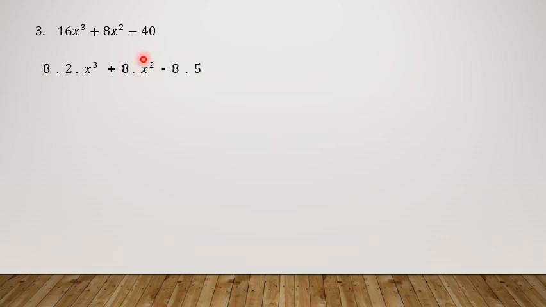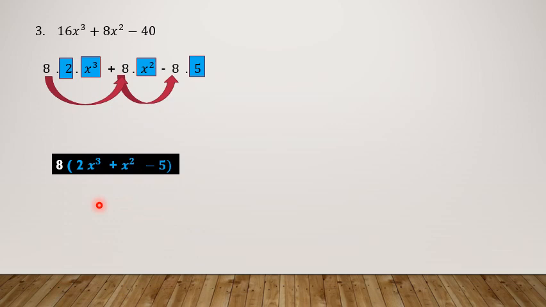At ito tayo ng variables. Minus 8 times 5. So, hanapin na natin si GCF. 8. Remaining. Okay, the answer is 8 times quantity 2x raised to 3 plus x raised to 2 minus 5.